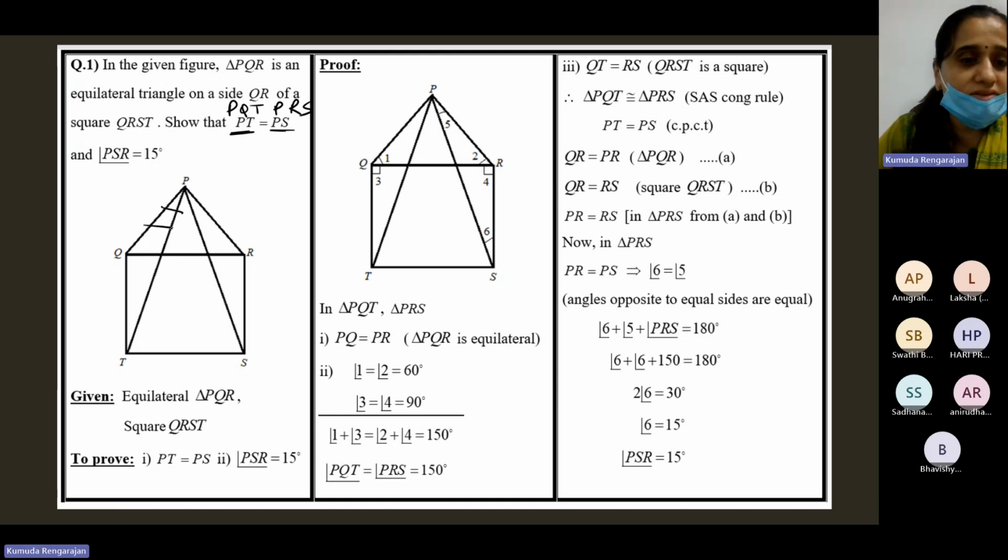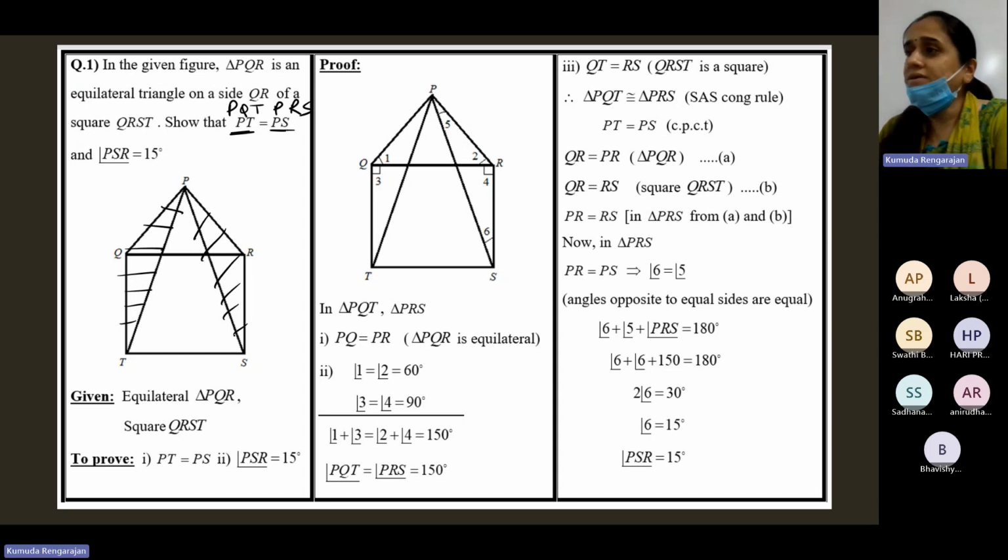That is, these two triangles. We have to show that these two triangles are congruent to each other, meaning they're identical. Once you show that they're congruent, using CPCT, corresponding parts of congruent triangles are also congruent. Therefore, PT is equal to PS.